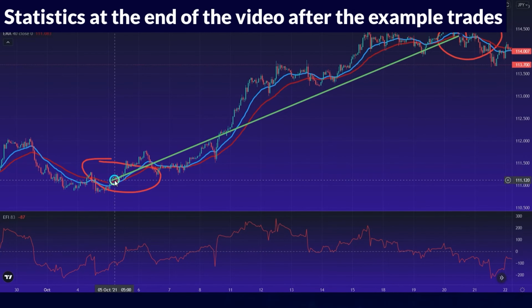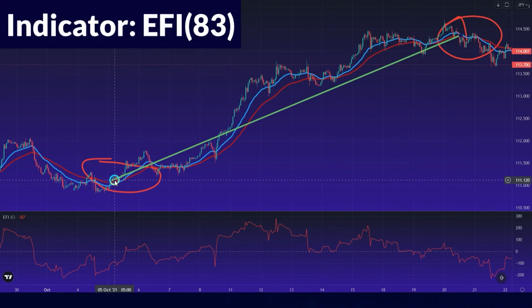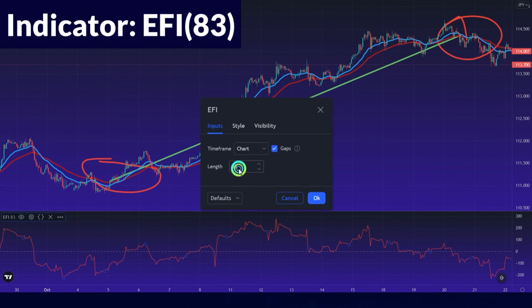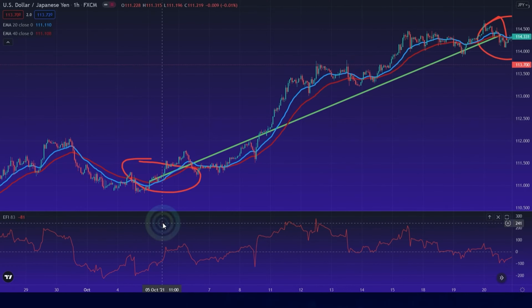end of the video. Now our first rule is that when the EFI, the Elder's Force Index, and it is really important that here the force index period should not be the default, which is 13 in TradingView, but 83, and it works much better than the lower period ones, because for long-term traders, for serious traders, the default one is just too small, and therefore I use the 83 period, and the algorithm that I tested this strategy with, I coded the same period.